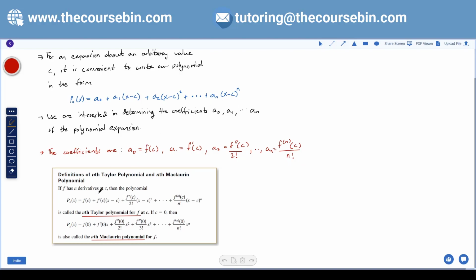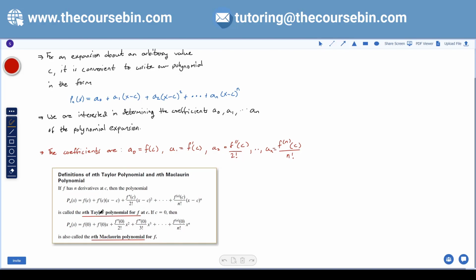So from there, our conclusion is that P sub n centered at any value c, it could be 0, 1, 2, negative 4, whatever, right? Centered at any value c can be written as this expansion here, right?